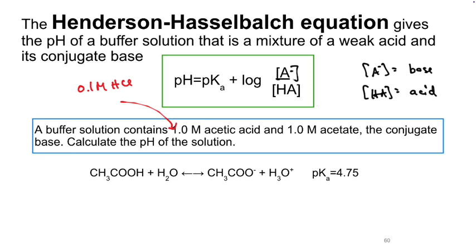HCl isn't a conjugate acid-base pair. HCl is a strong acid. It doesn't show up in the Henderson-Hasselbalch expression. It's only the weak acids. Okay? Questions about that? Okay. Which then means we backtrack to where we left off.